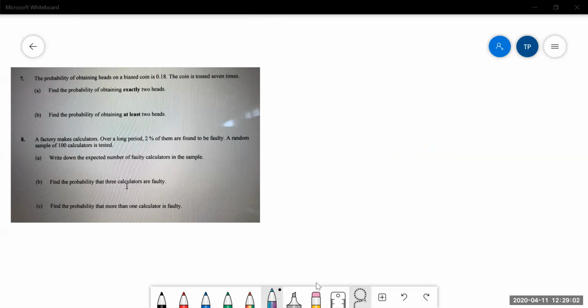Okay, so what is it trying to tell us here? Does it mean your number of trials is 100? No, wait. I haven't even reached there.